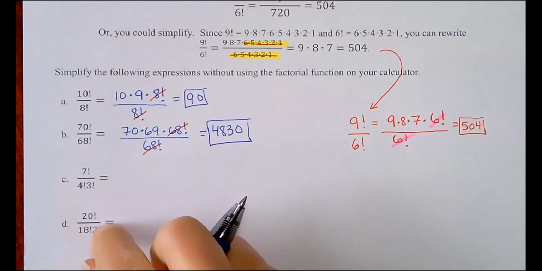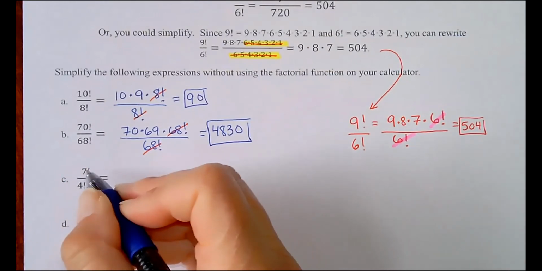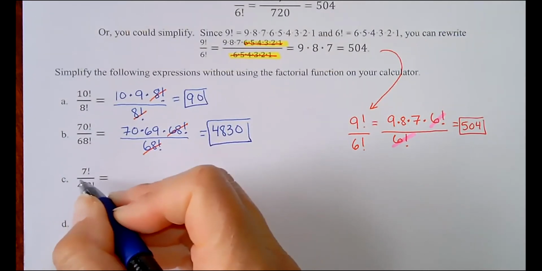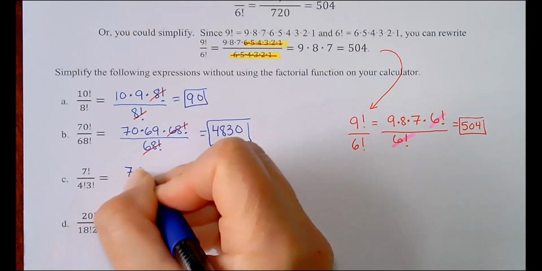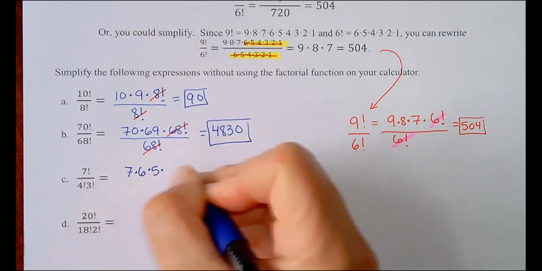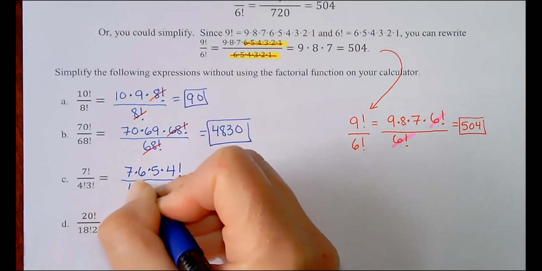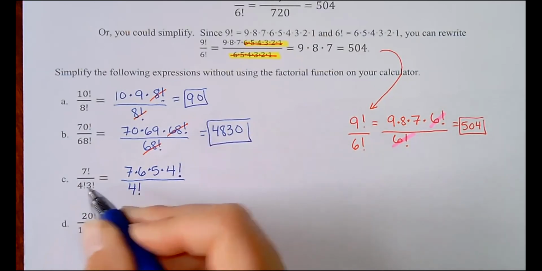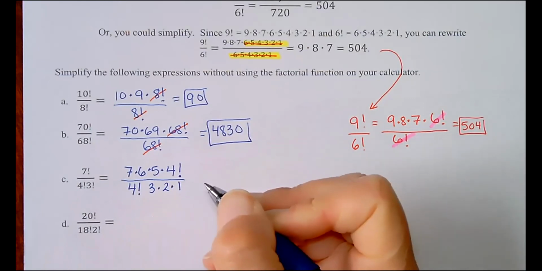Now, C and D are slightly different. What I like to do is take this 7 down to the bigger of the two numbers. That way I have more cancel out. So I'm going to do 7 times 6 times 5 times 4 factorial over 4 factorial, and the 3 factorial I'm going to write out as 3 times 2 times 1.